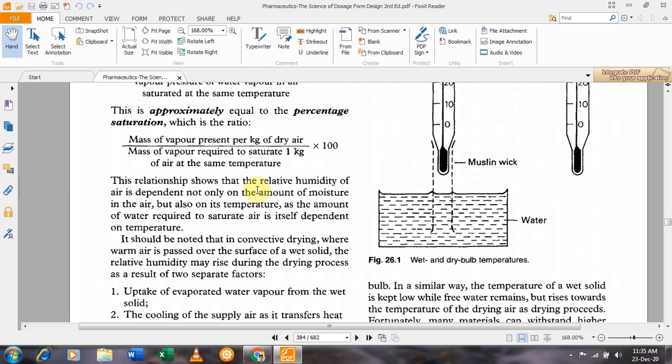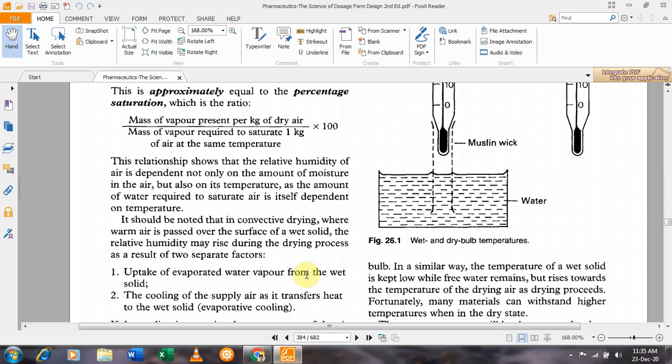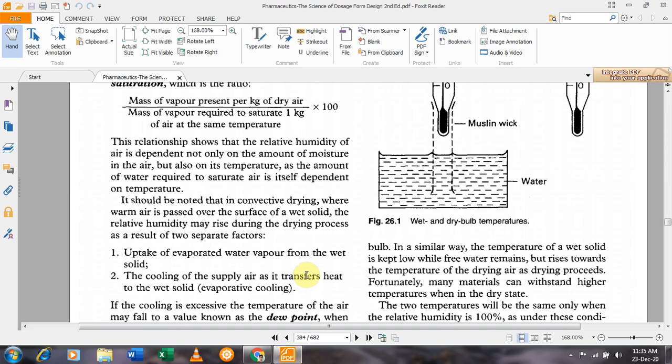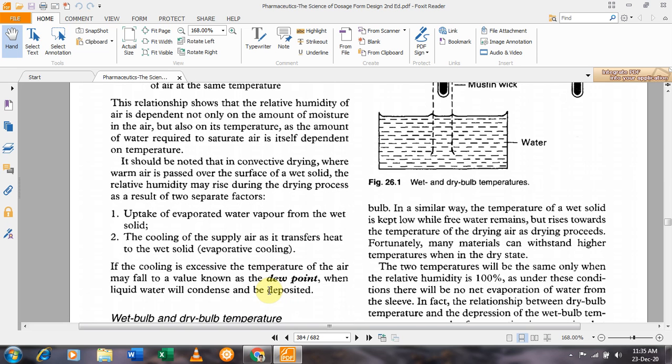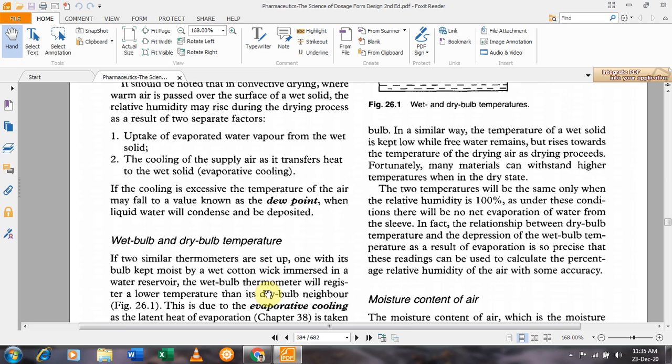This relationship shows that the relative humidity of air is dependent not only on the amount of moisture in the air but also on its temperature, as the amount of water required to saturate air is itself dependent on temperature.